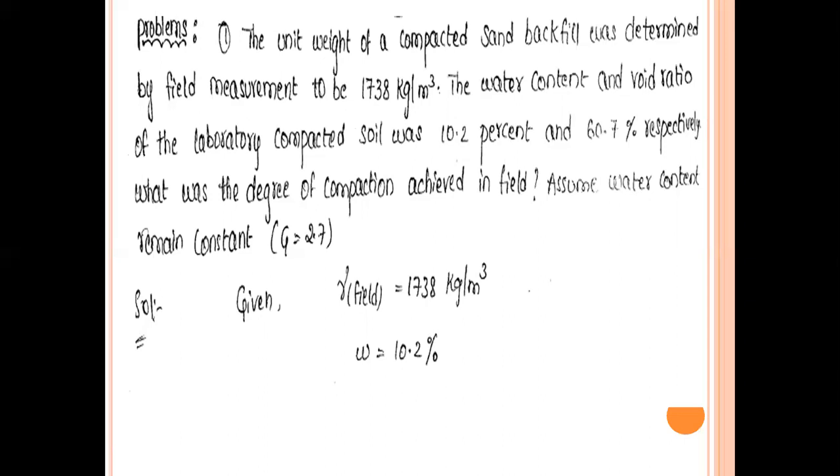The water content and void ratio of the laboratory compacted soil were 10.2 percent and 60.7 percent respectively. What was the degree of compaction achieved in the field? Assume water content remains constant. Specific gravity G equals 2.7.